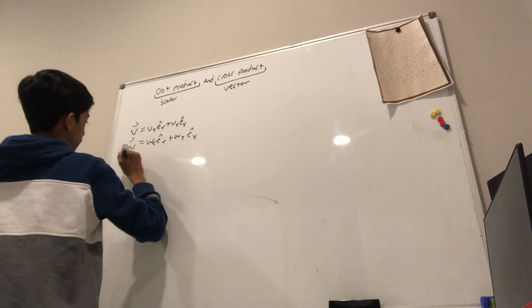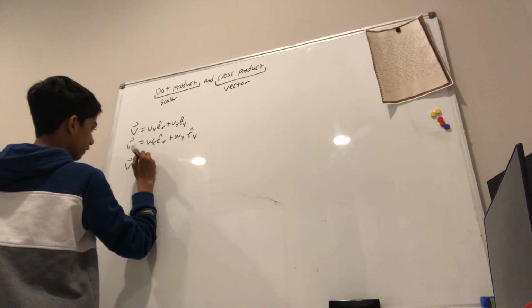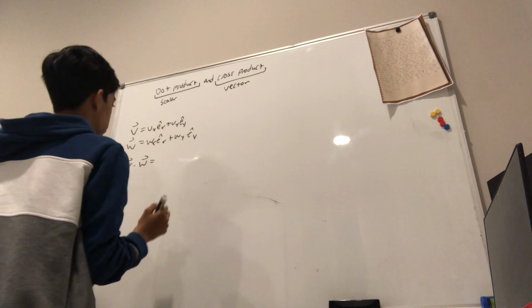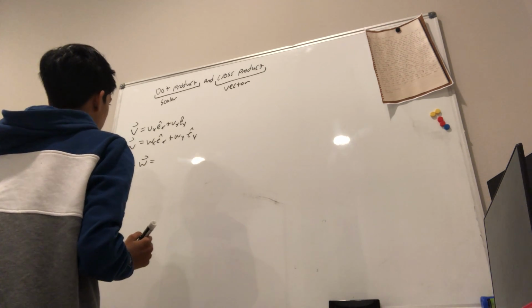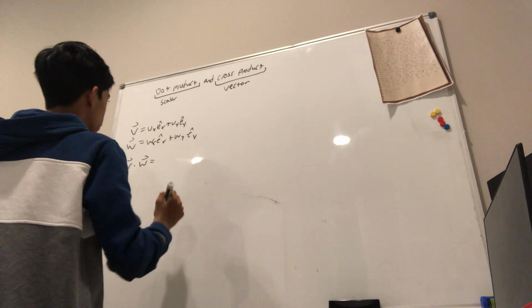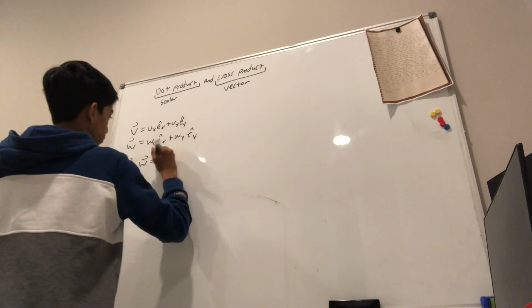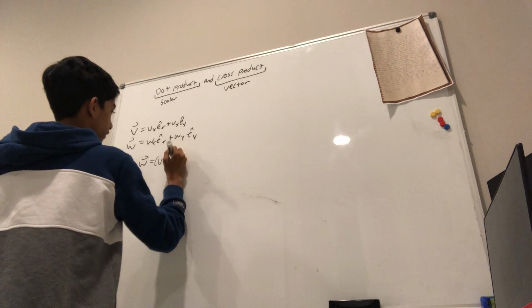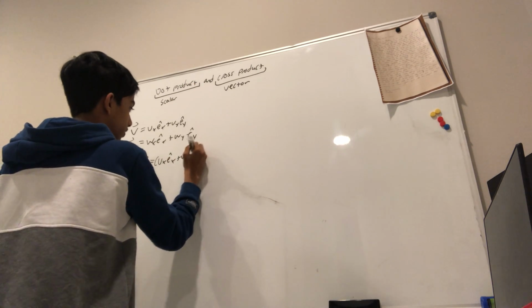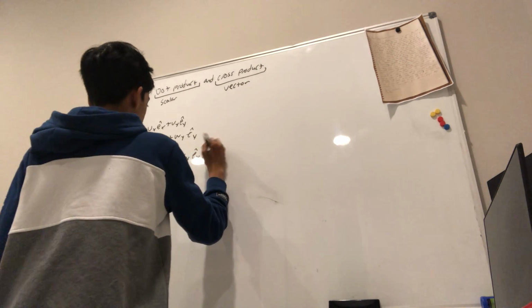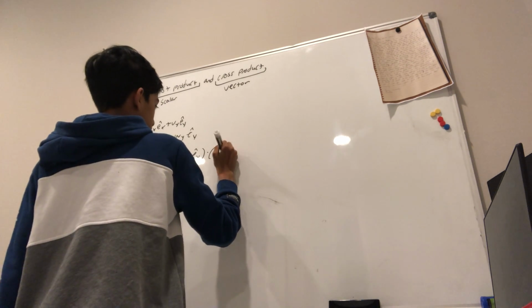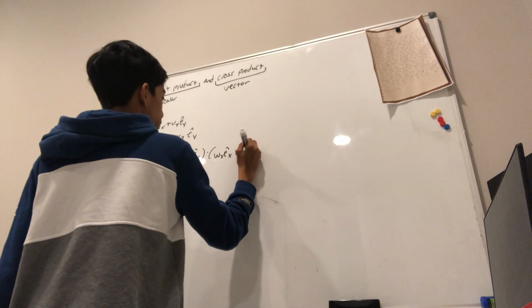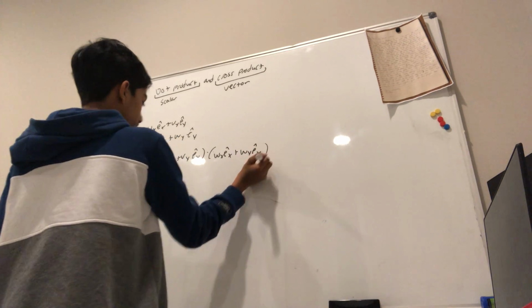So dotting those vectors together, since it's a scalar, it would just be equal to vx e hat x plus vy e hat y dotted with wx e hat x plus wy e hat y.